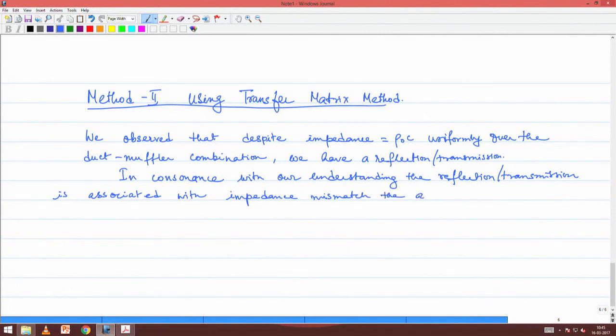The above observation calls for a redefinition of impedance.